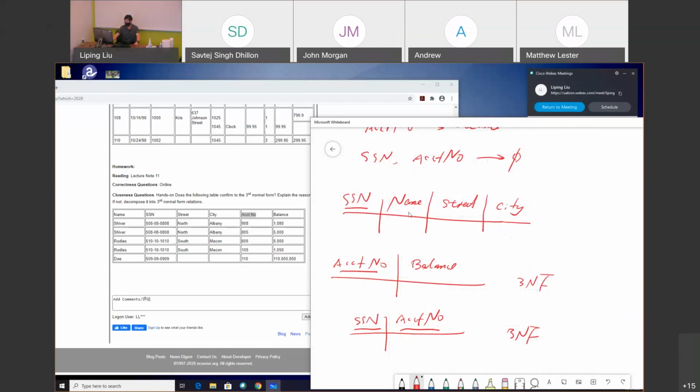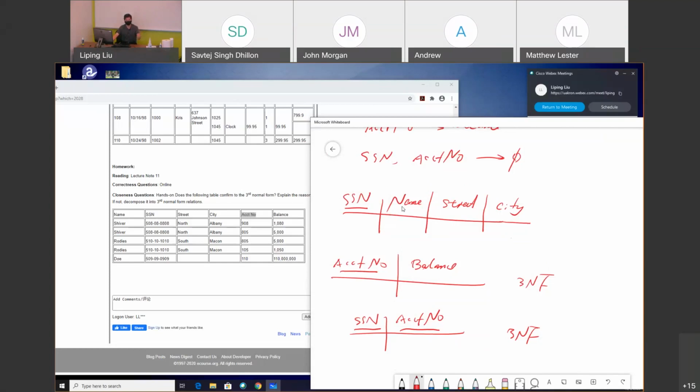But then we have this situation here. We have three non-key columns: name, street, and city. So they might somehow depend on each other. For example, if I know the name, can I know the city? The name is the customer name. No, that's not possible, right? If I know John Doe, how do I know which city he lives in?